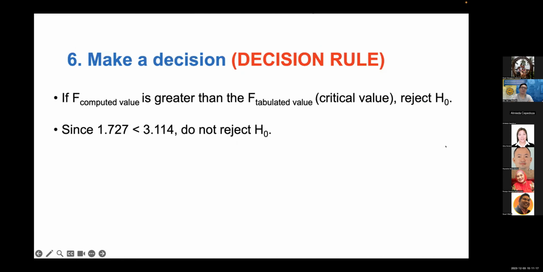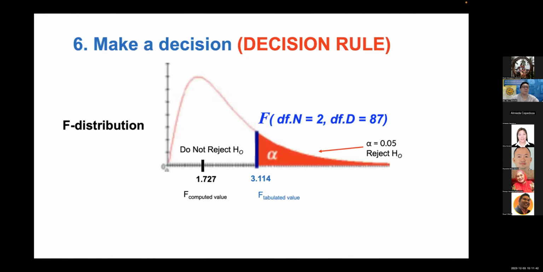Next step is to make a decision, because it stated that if the F computed value is greater than the F tabulated value, we have to reject the null hypothesis. But since we got a computed value of 1.727, which is less than 3.114, we do not reject the null hypothesis.